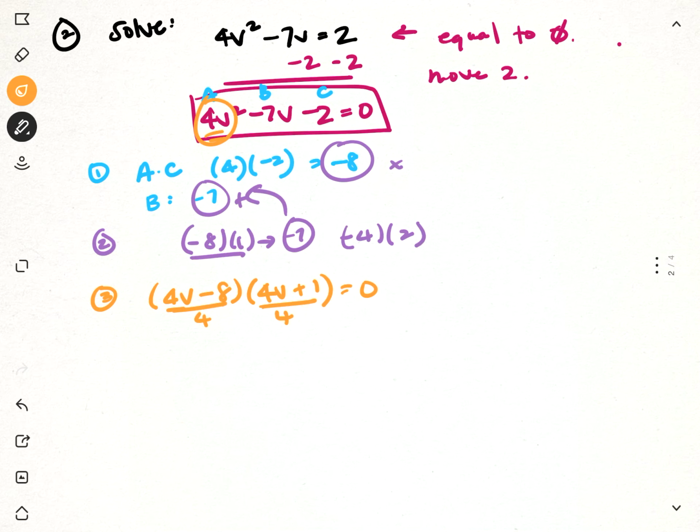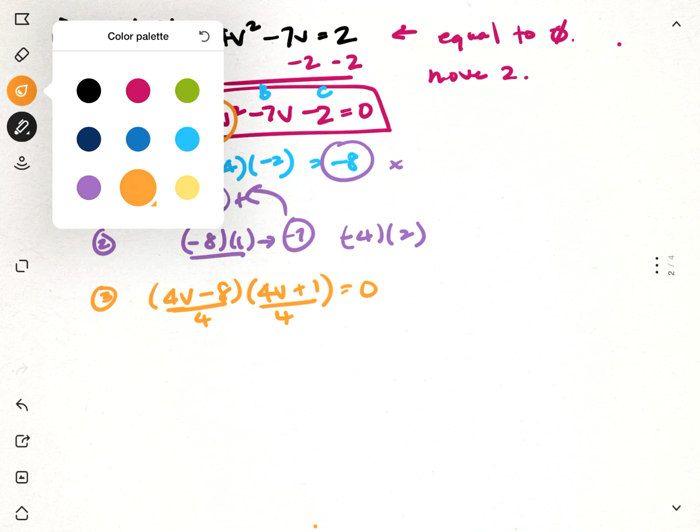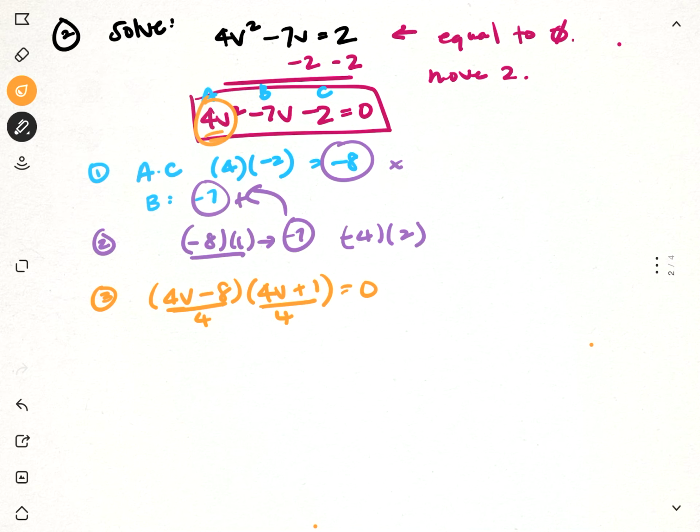Because we have the 4's in front of the v's, we're going to divide everything by 4. 4v divided by 4 is 1v, minus 8 divided by 4 is 2. And then for the second one, 4v divided by 4 is v, that's what we want, plus 1 divided by 4 is 1/4.